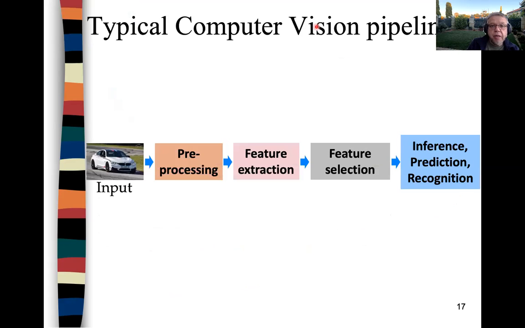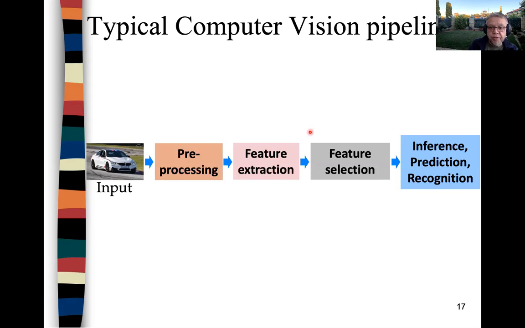So a typical computer vision pipeline, at least a standard, classical one, would be of this sort. The input is an image or a sequence of images. You take this image, you pre-process it to remove the noise and other artifacts, and then you extract features, maybe geometrical features, maybe color features, and so on.